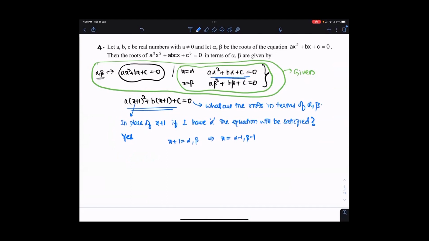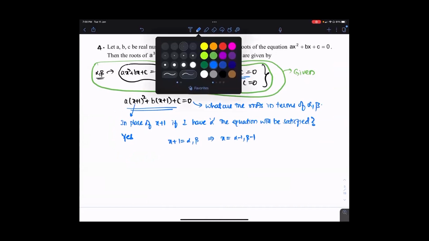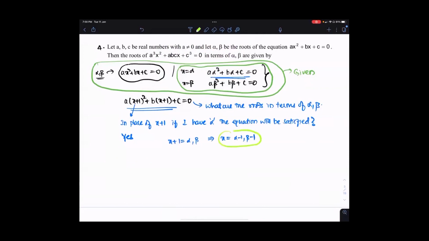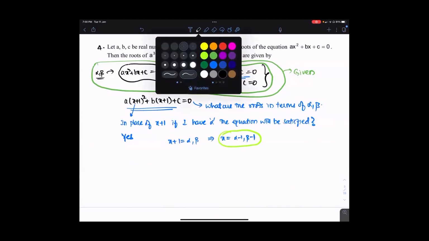So the roots of this equation will be simply alpha minus 1 and beta minus 1. That is the concept behind this question.